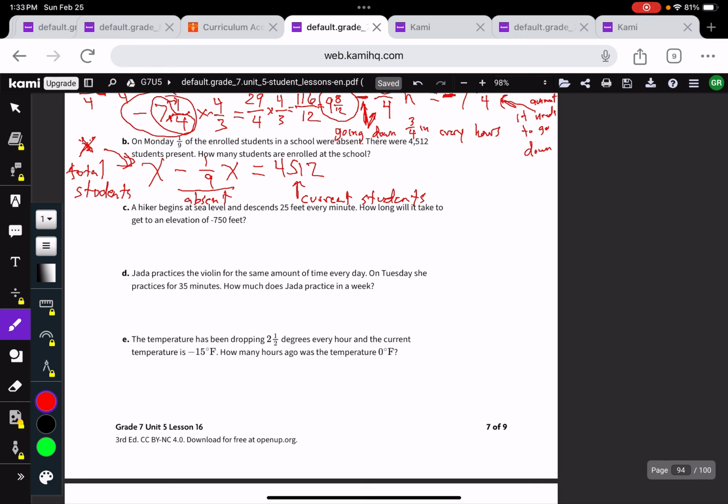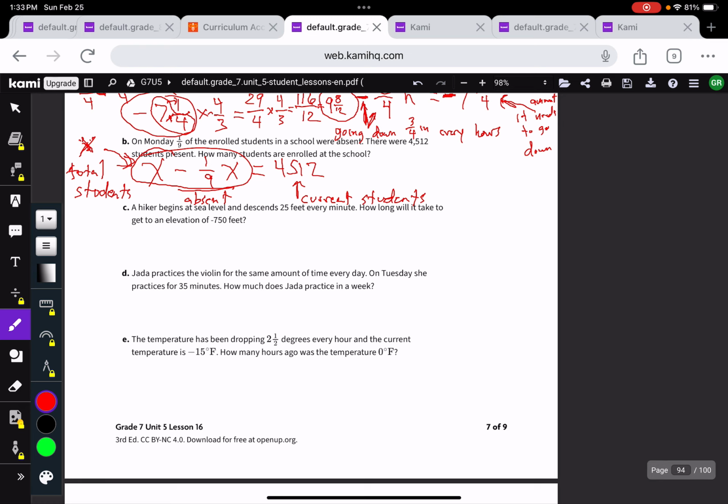In order to solve this, first off, we've got to take X and take off 1/9 of an X. By the way, that's kind of like saying what's 1 minus a ninth? There's one X right there. If I had a chocolate bar and I got rid of 1/9 of it, what's left?